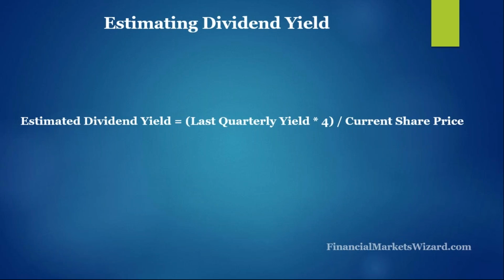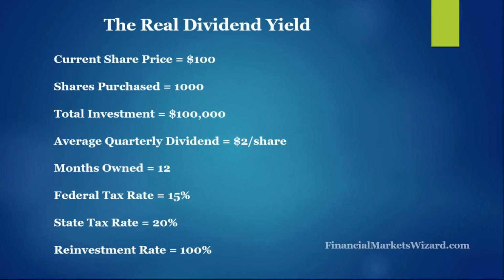That will give you the exact dividend yield. But if you want just an estimate, then you take the last quarterly dividend. But the last quarterly dividend could be higher than the previous 3, so it could give you the wrong figure. So you have to be careful.